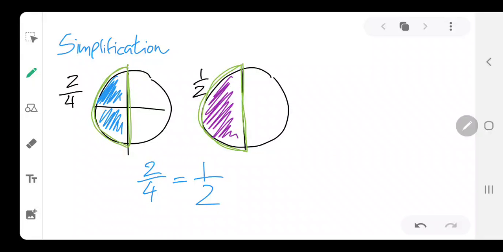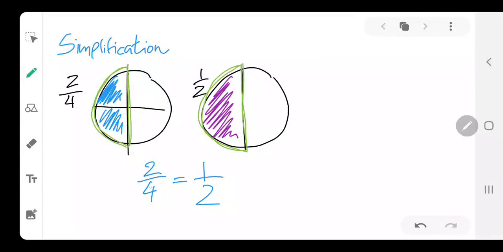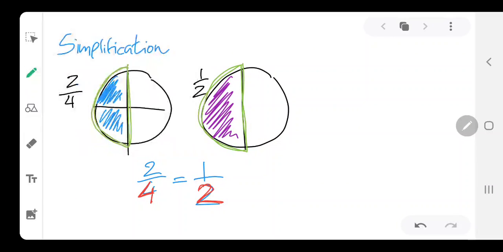They're written as different fractions with different denominators. One denominator is 4, so the pie is divided into 4s, and the other denominator is 2, which means the pie is divided into halves. But they represent the same volume, and so we can say that they're equivalent. They are essentially representing the same amount of pie.